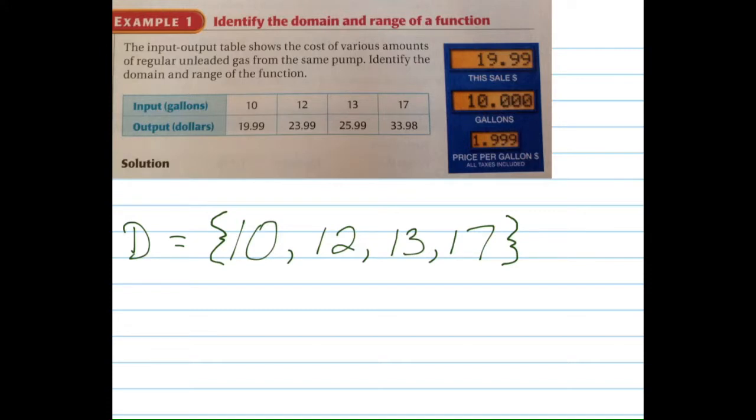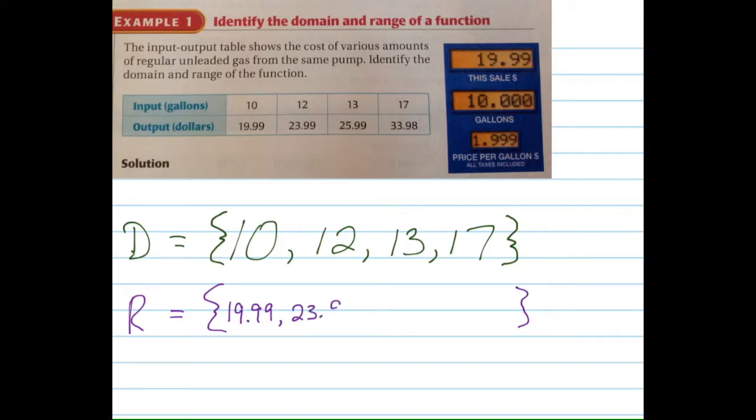Everybody get so far? Okay, super complicated concept. Let's see if we can make the leap from that to the next step. Range is the set of outputs. What's our range? David? 1999, 2399, 2599, 3399.